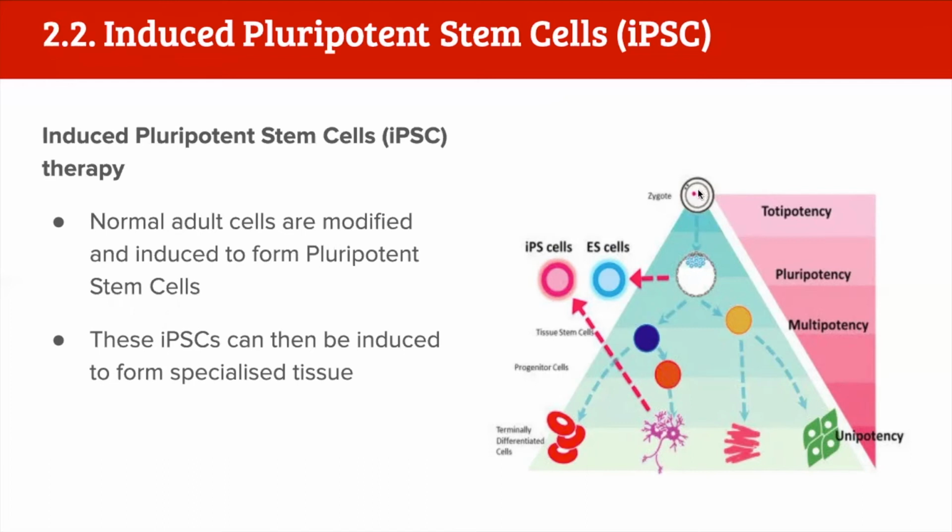If you look here, this top part shows your SCNT method. If you go down the line, we've got cells that are already part of their specific lineage, but you can actually go backwards and induce them to form pluripotent stem cells again, and they go back to the pluripotent stage.